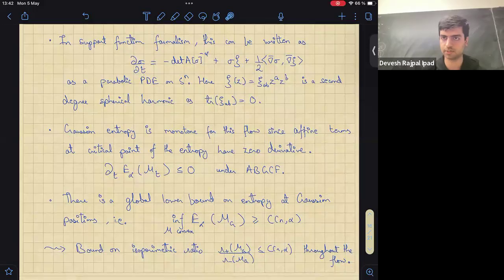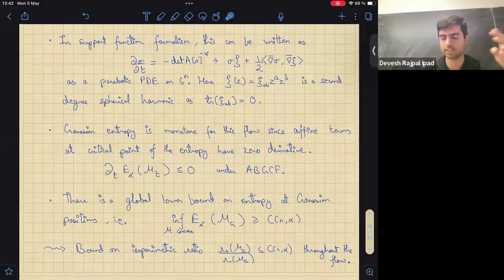But the other advantage of this flow is that now, because we have restricted our flow to remain in the Gaussian positions, we have a lower bound for the entropy. So it can't dip down to 0. So there is a global lower bound on entropy at Gaussian positions. That is, if I take the class of all convex bodies, look at their Gaussian extremizers, then there's a lower bound.